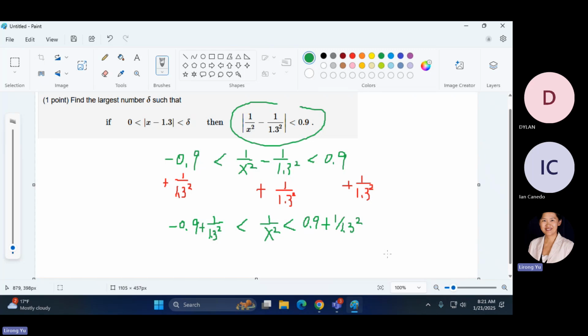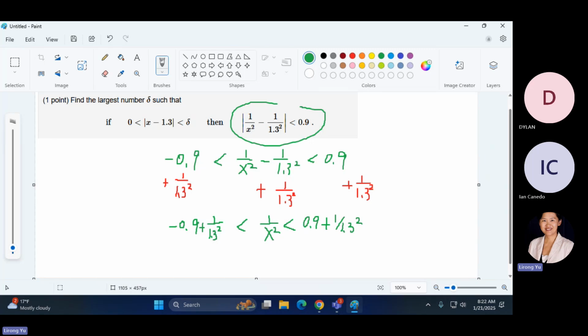So we have to grab our calculator. The sum, what is it? Is this negative or positive? It's negative. So the 0.9 is bigger than 1 over 1.3 squared. Have you tried?